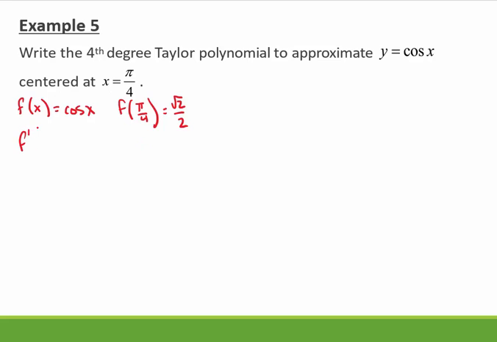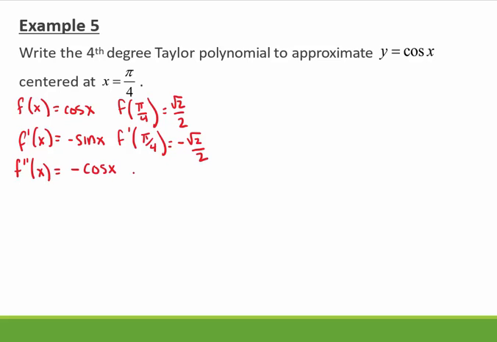4th degree, so I have to go up to my 4th derivative. The derivative of cosine is negative sine. I didn't forget my negative. F double prime of x is equal to negative cosine x.